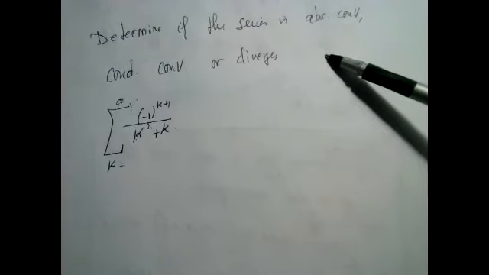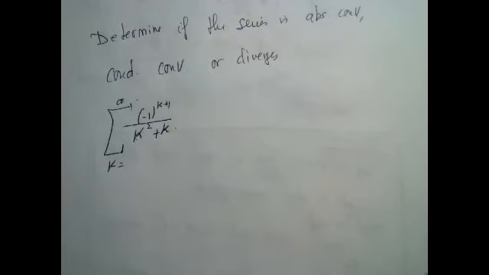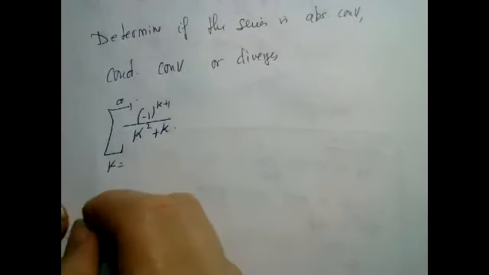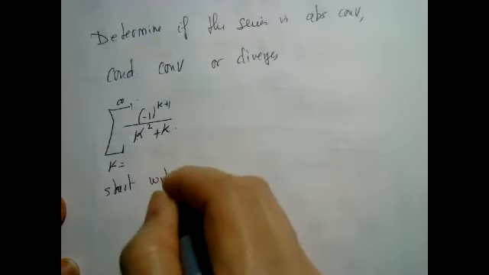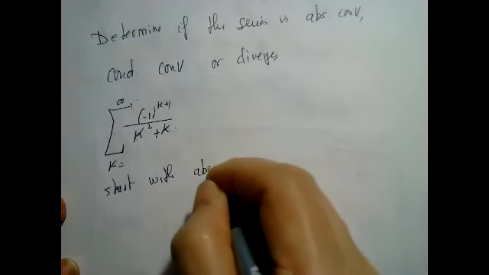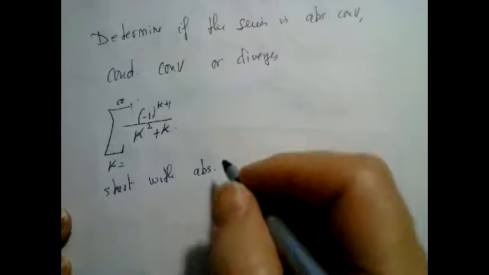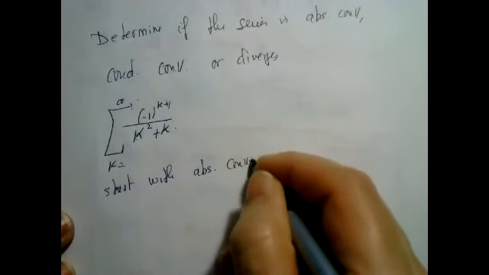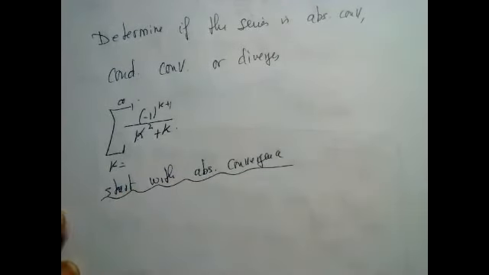If it doesn't converge in absolute value, then I will check the convergence. That will be easier. So we start with absolute convergence. Okay, we start with that.